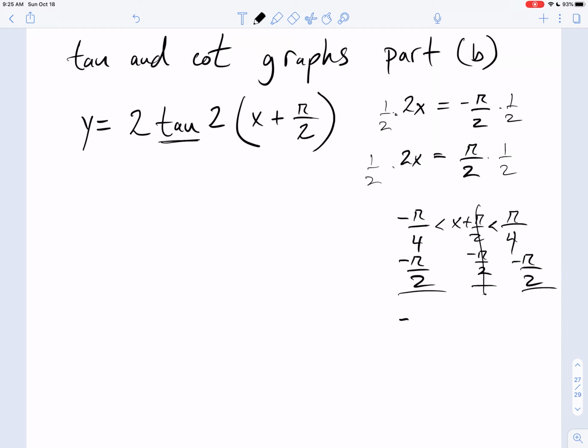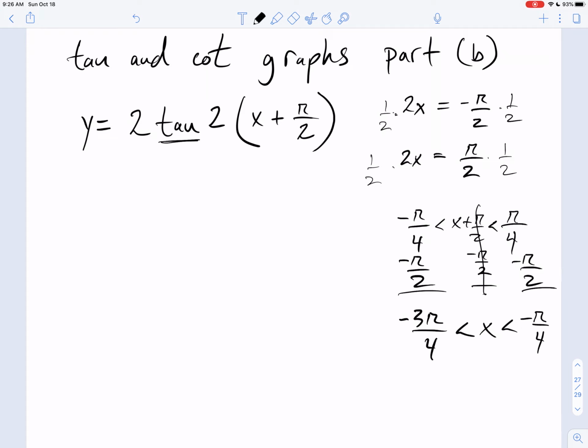Well, that would be a negative 3 pi fourths. That would be my first asymptote. Then my other asymptote, well, that would be at pi quarters take away pi halves, which would be a negative pi fourths. So those are my two asymptotes.